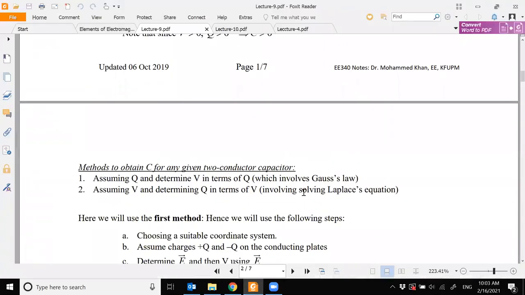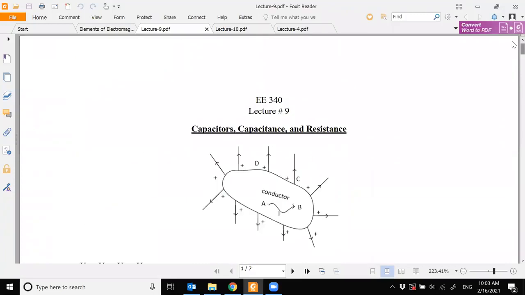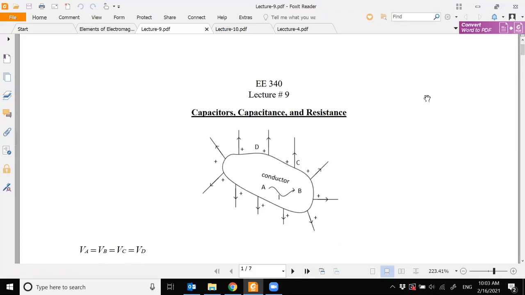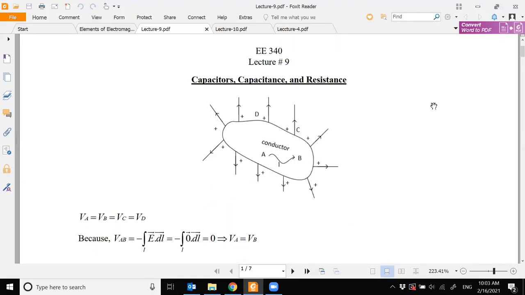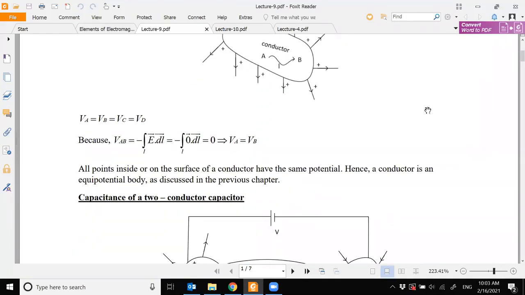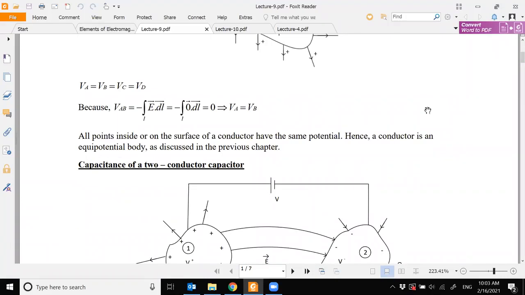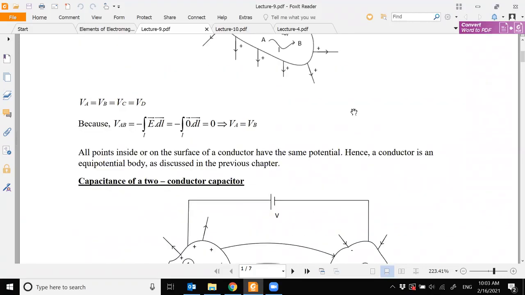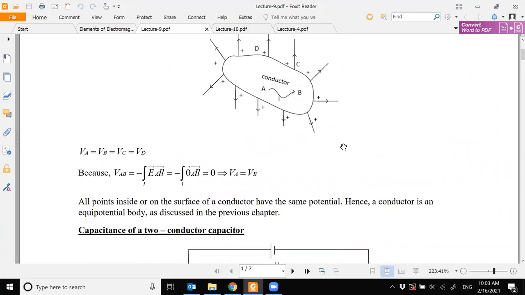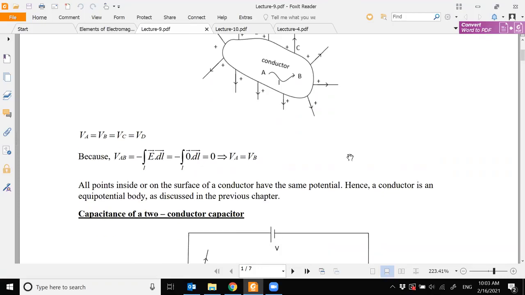So in our last class, a quick review. We started with capacitors and capacitance. We looked at a two-conductor capacitor, and we know that an isolated conductor is an equipotential body.